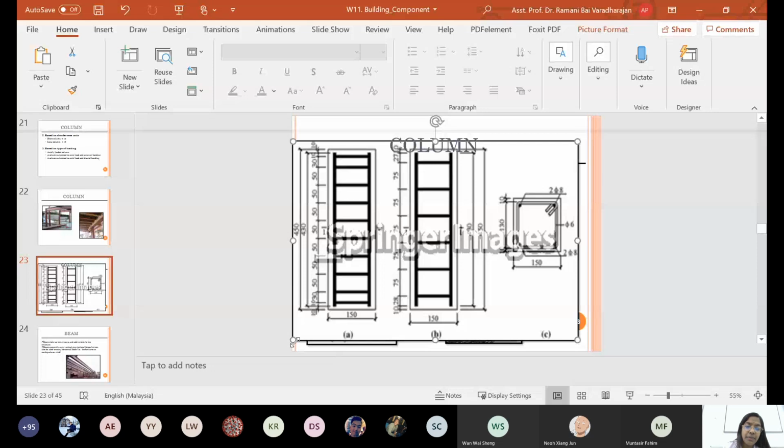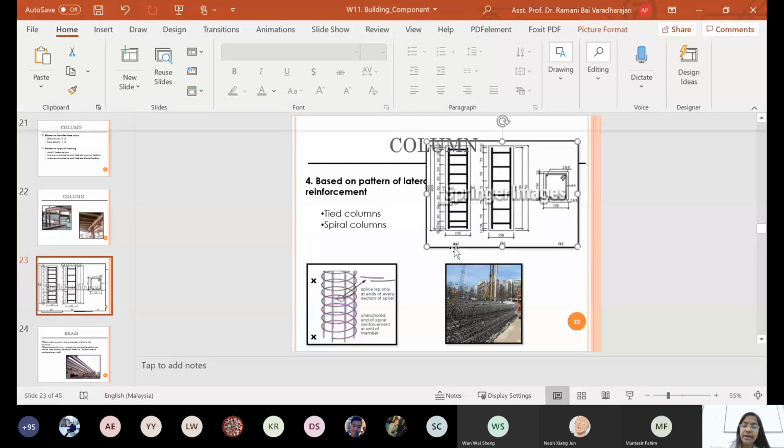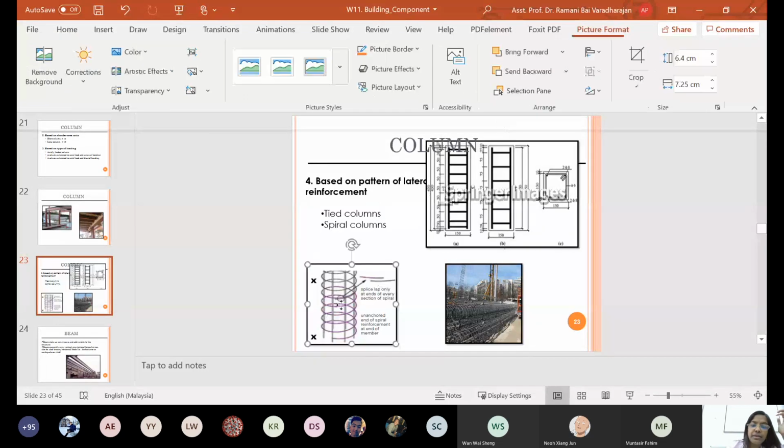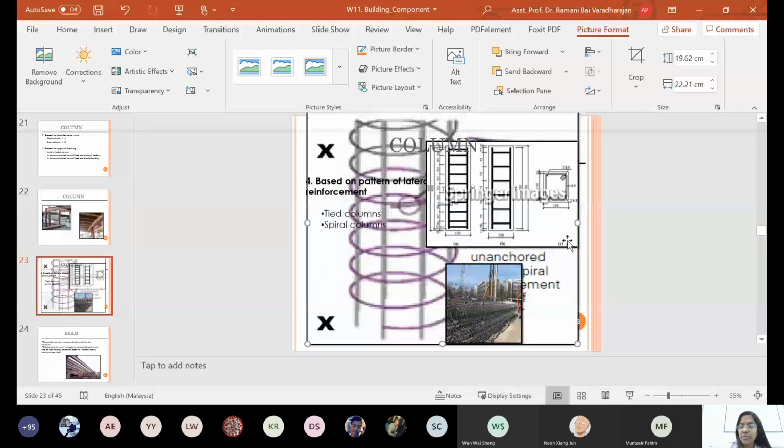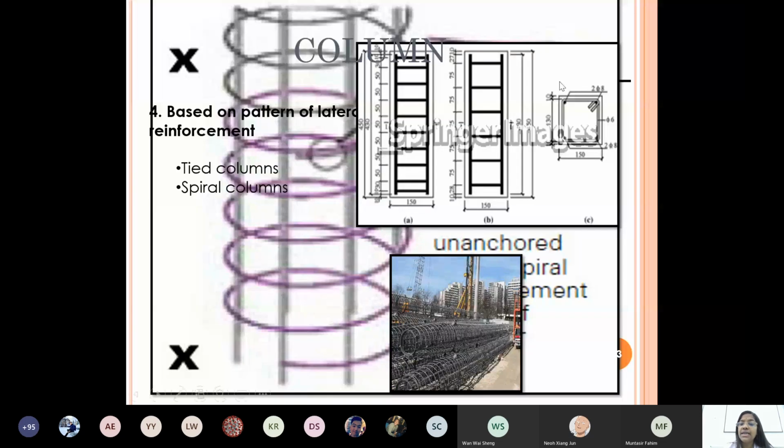And the other one, the same type, instead of having a square or rectangular shape, it may be spiral like this. Spiral manufacturing is easier, and there are some advantages going for this one. Instead of having secondary bars at a distance, they just make it a spiral, so that all the main reinforcement is kept in position, and you can pour your concrete.